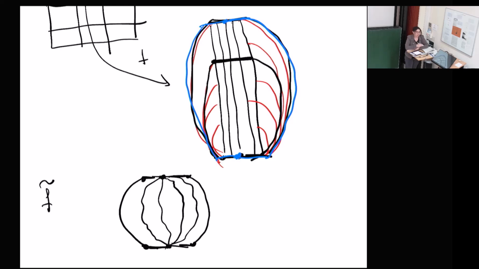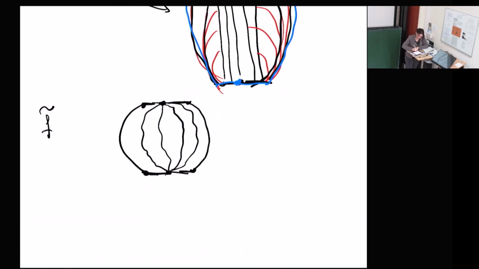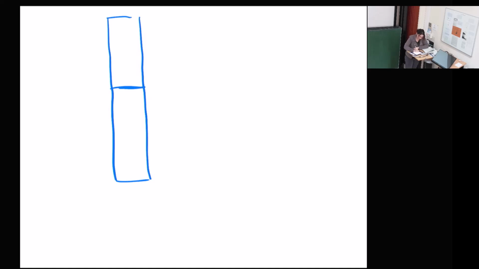And you can say that it doesn't appear that this F tilde has anything to do with F, but you see I can change F to F tilde in a continuous way. Because this whole procedure that I've done, I don't have to perform right away on this whole strip, but I can do it in stages in the following way. So this is my original strip. Let me cut it right here.